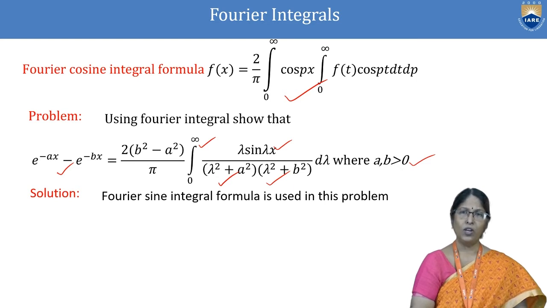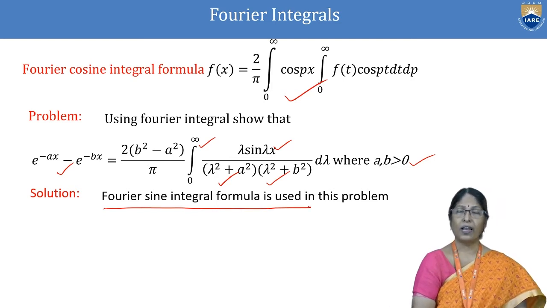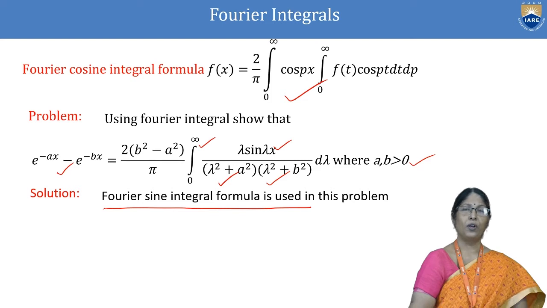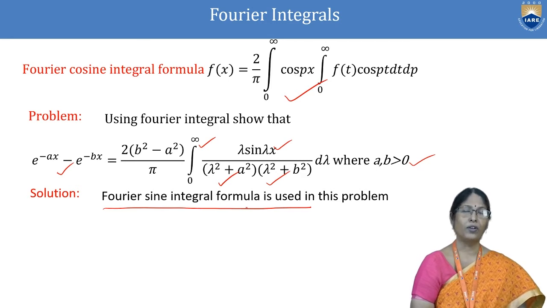Now the solution, we will concentrate. We have taken here the Fourier sine integral formula. We have the Fourier integral, from which we just now derived the Fourier sine integral as well as the Fourier cosine integral. Why have we taken the Fourier sine integral formula, why not the Fourier cosine integral formula?